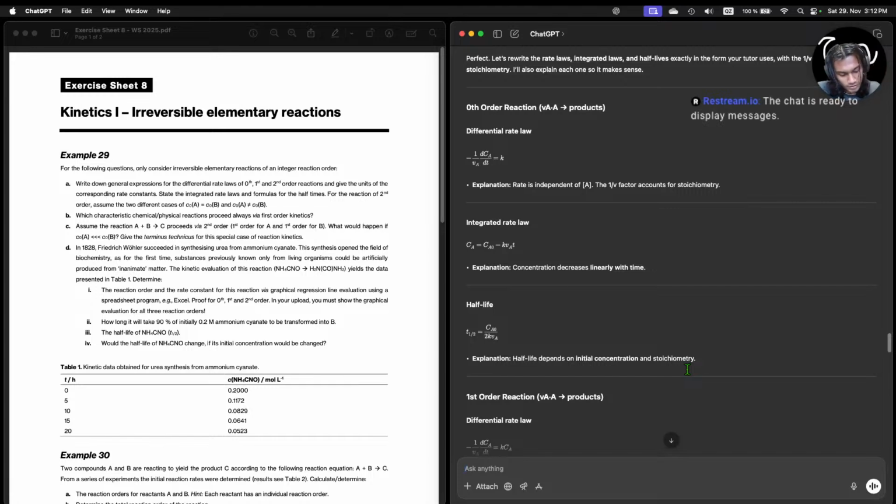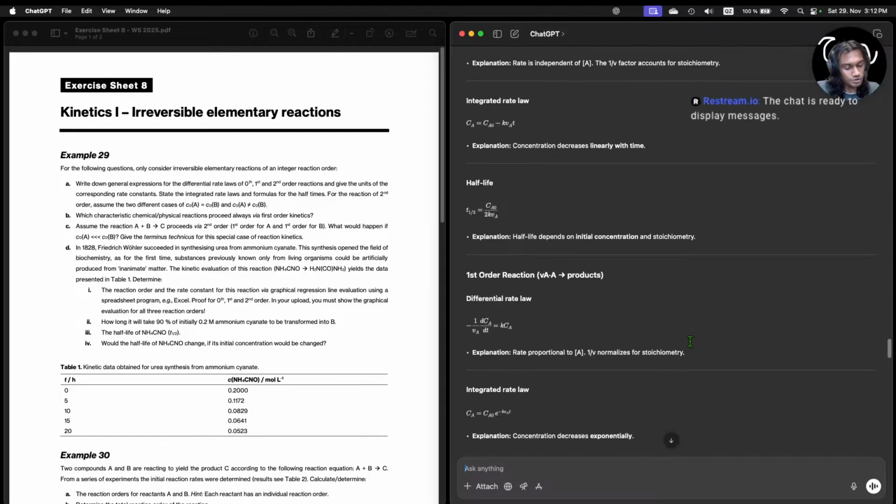First order reaction. What is first order reaction? Differential rate law.